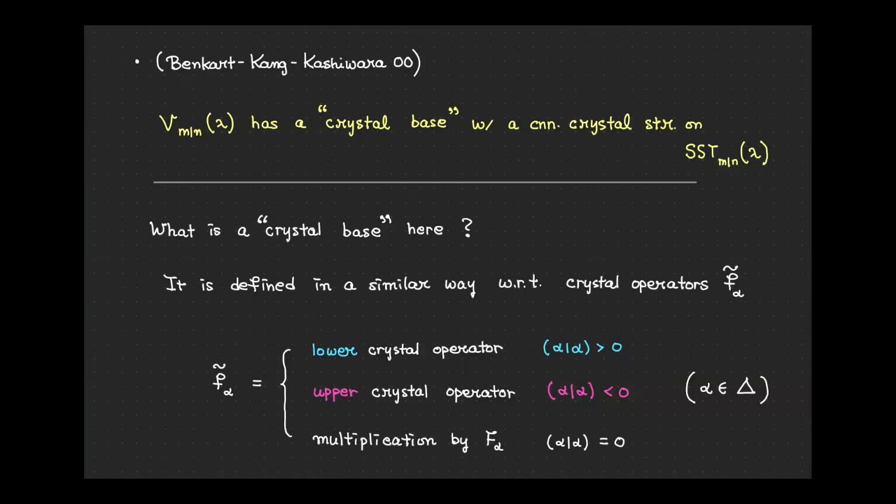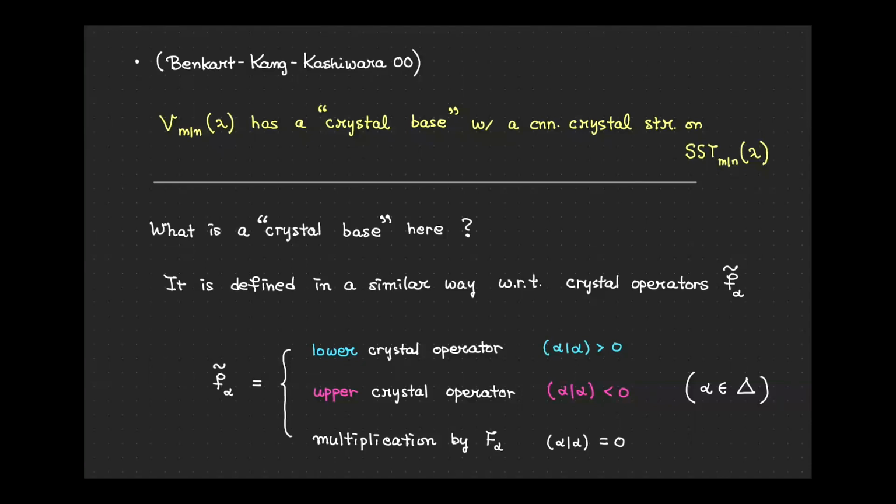So when the simple root is even with positive norm, then the crystal operator is the usual lower crystal operator. The usual crystal operators in many papers are the lower crystal operators.